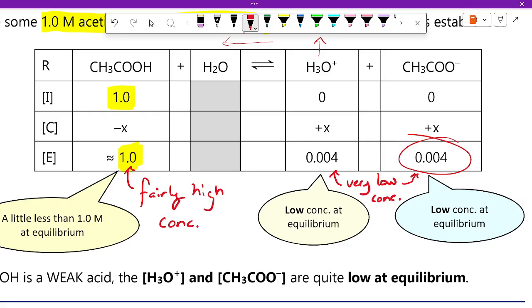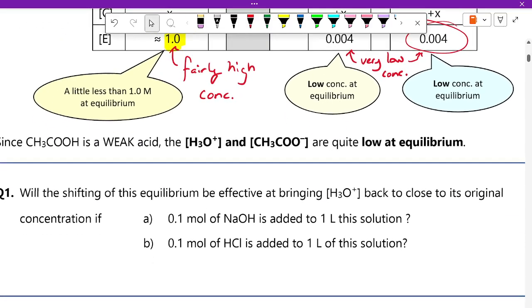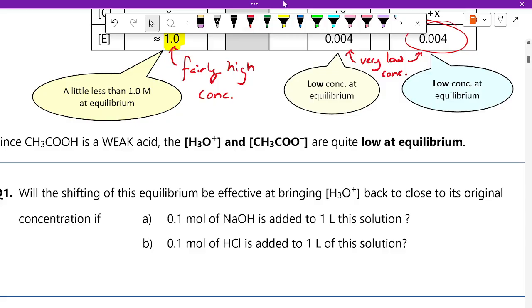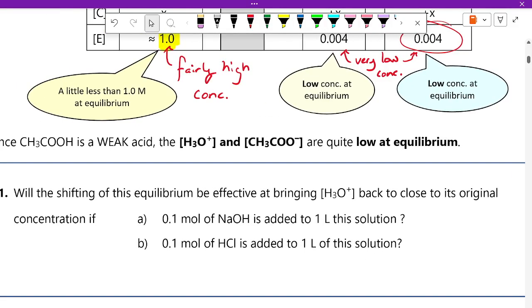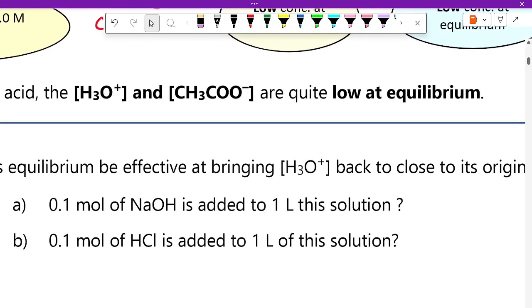So would acetic acid be good for buffering, keeping the pH the same if we added acid? No, because it can't really shift very much to the left. And that is why. Okay, so let's write this down. Will the shifting of this equilibrium be effective at bringing H3O back down to close to its original concentration if we add NaOH?